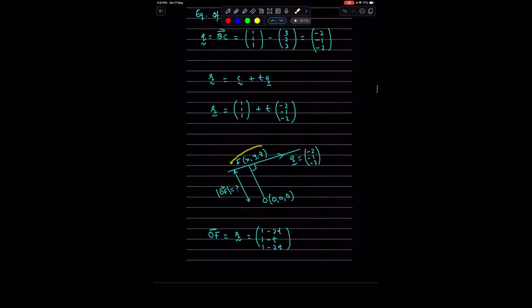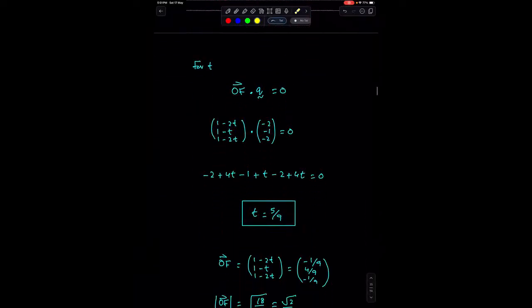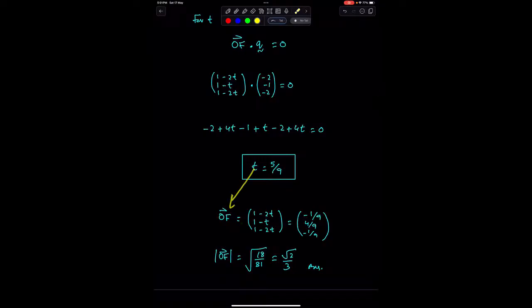So suppose this point as F, this is origin. Now get OF. So OF means replace R by OF. Now take the dot product of this vector with Q to get the value of t, and then substitute t back into OF and get its magnitude.